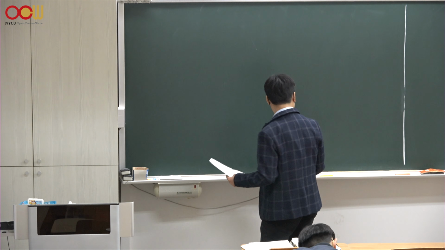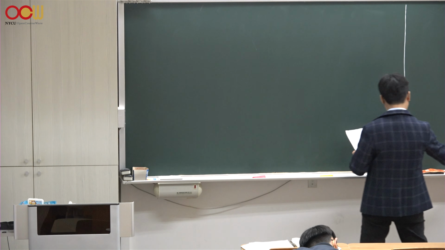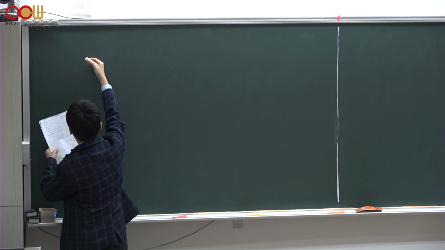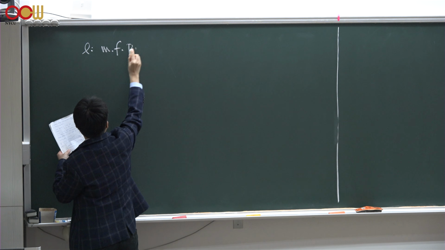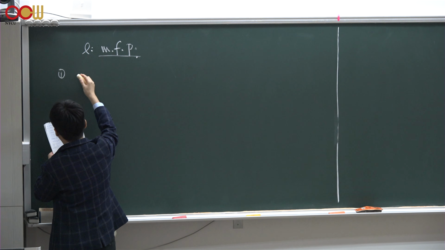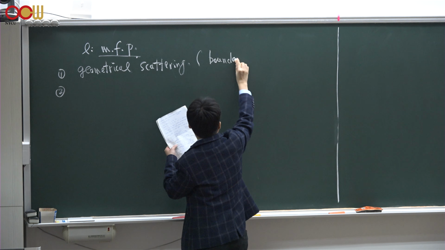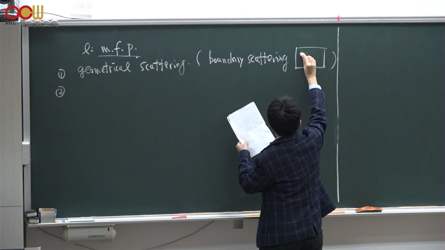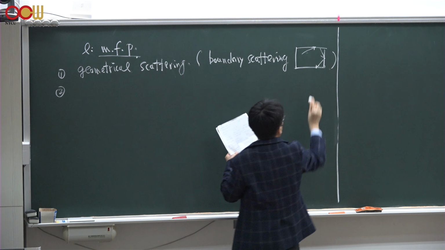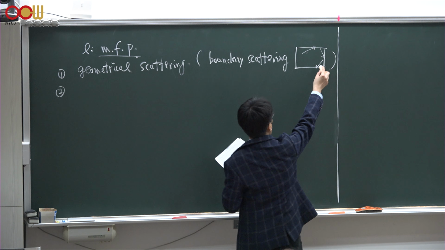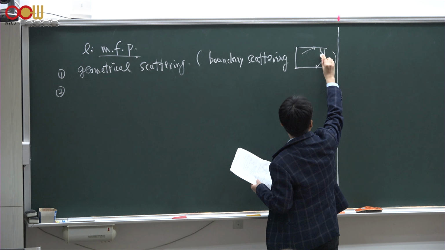So let's just talk about the link between this H3 or phonon scattering and thermal equilibrium. As I mentioned, the mean free path can come from two sources. One is called the geometrical scattering or the boundary scattering, meaning the particle actually hits your boundary, and that leads to some scattering of phonons at the boundary.